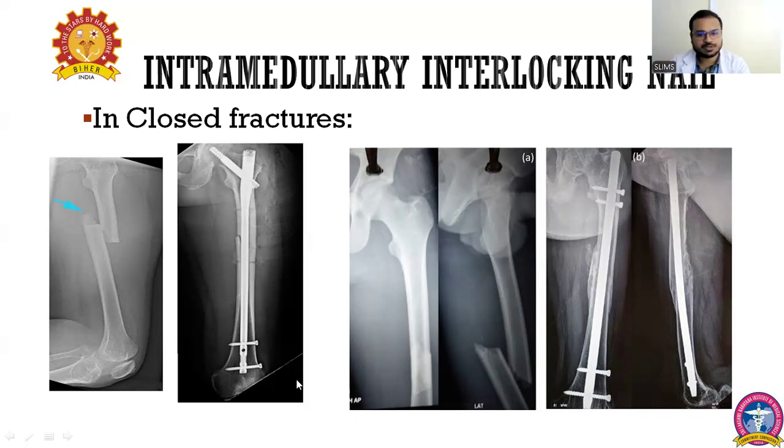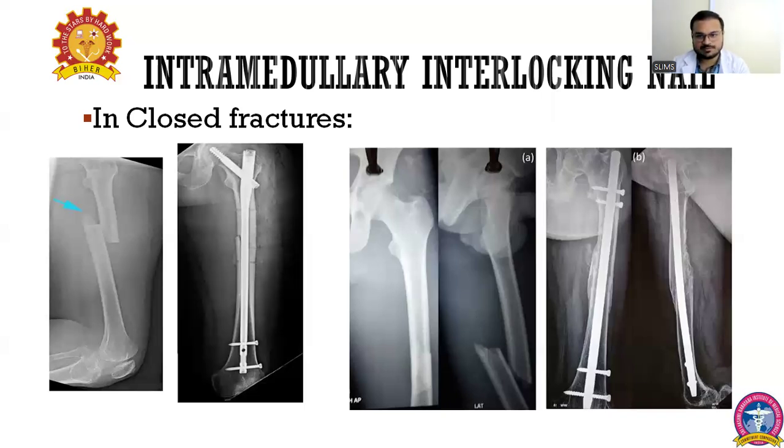And this is one more case, with an AP and lateral view. In the AP view, we can see there is no displacement of the fracture and it looks normal. But on close observation, we can easily see that the fracture fragments are overlapping. So this is why it is important to take multiple views in case of orthopedic fractures.